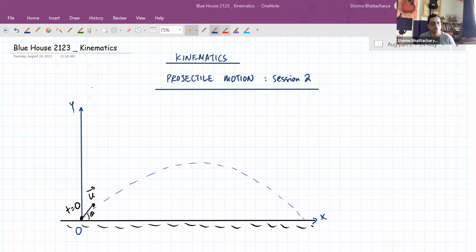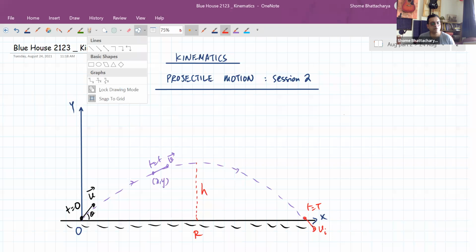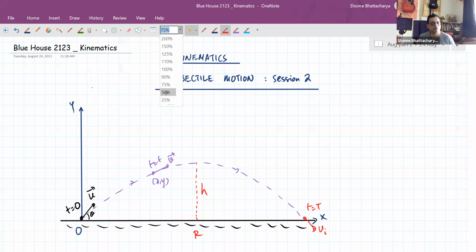So at some general time t, we want to find the velocity vector and the coordinates, and through that all these special properties: the maximum height, the horizontal range, the final impact velocity, and the time of flight. The way to do all this is the component method of kinematics.